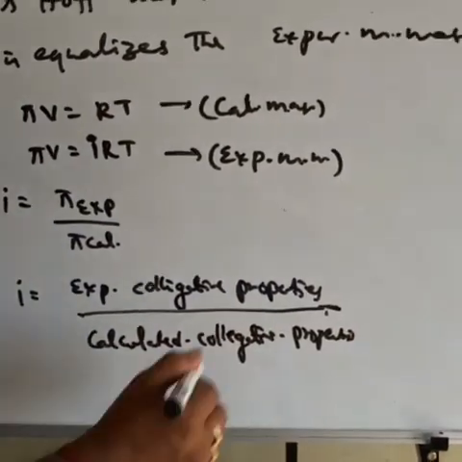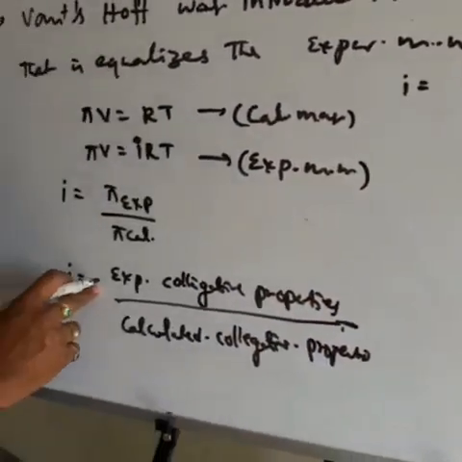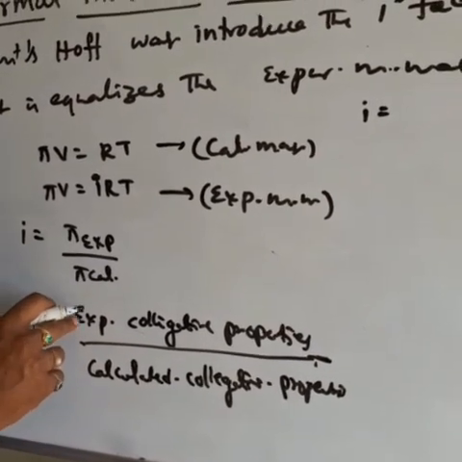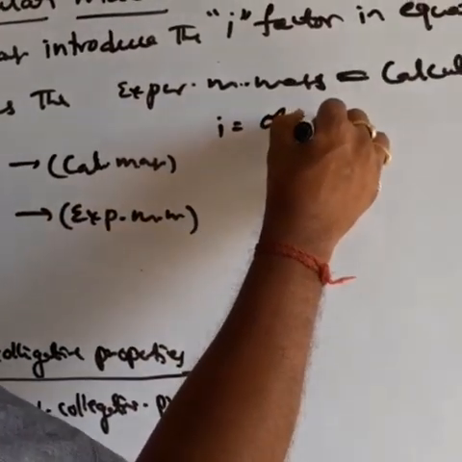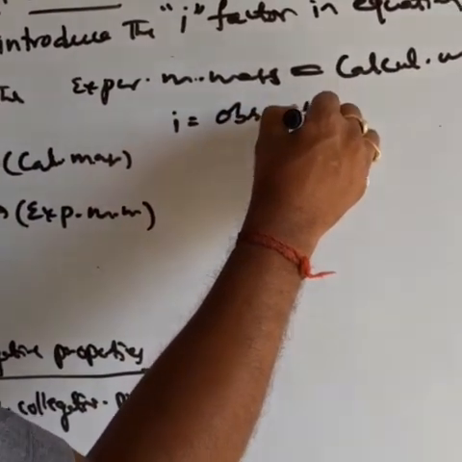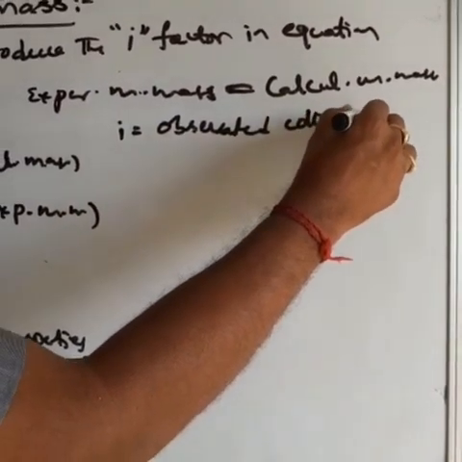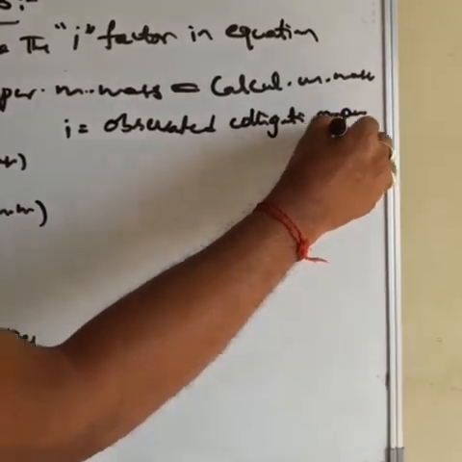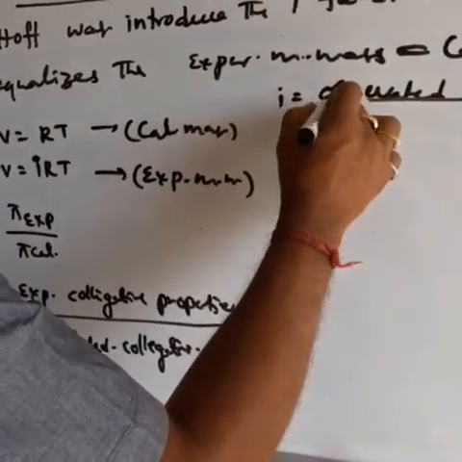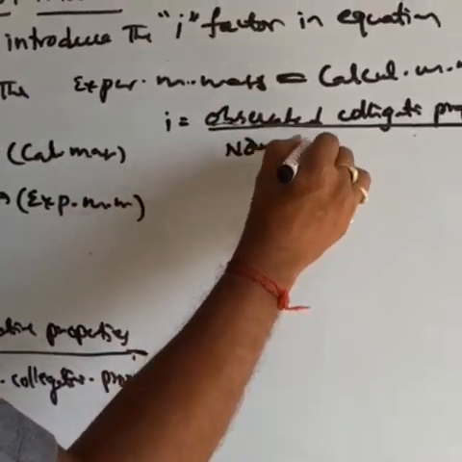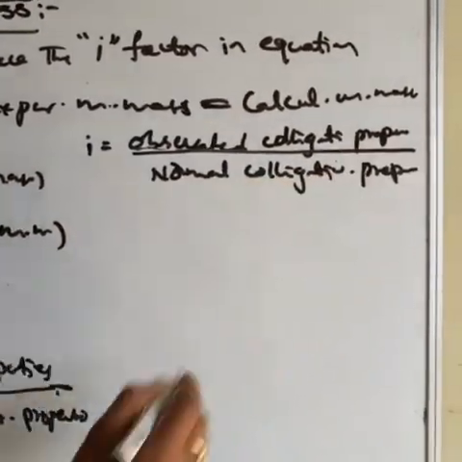This is one of the formulas. Another formula: i is equal to the observed colligative property divided by the normal colligative property. This is one of the four.